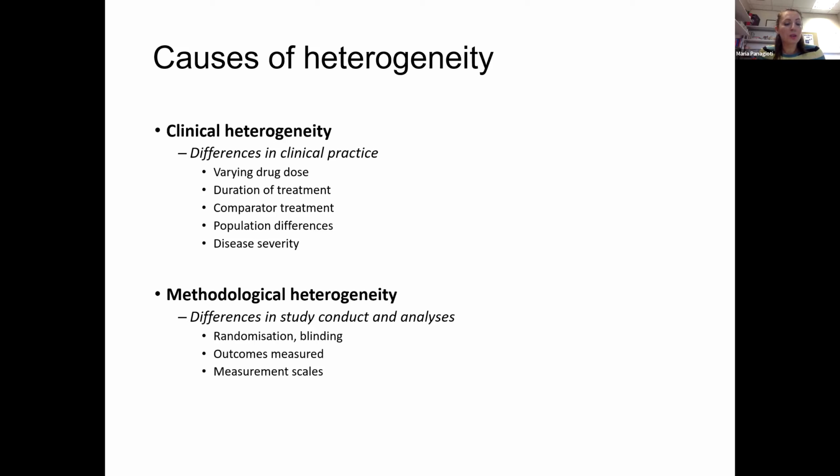So let's say that you already know that your treatment might have a different effect based on disease severity or based on subgroups of people. And when you're writing your protocol for your systematic reviews and meta-analysis, you will need to pre-specify a number of subgroup analysis that you're interested in doing. So you might want to compare two different treatments, for example, sub-treatments.